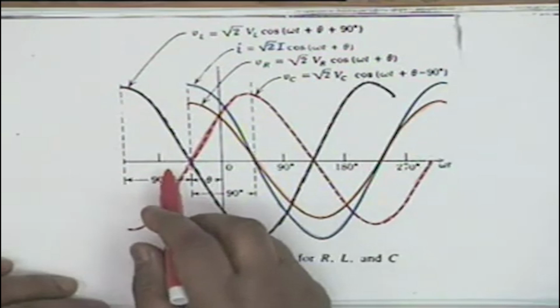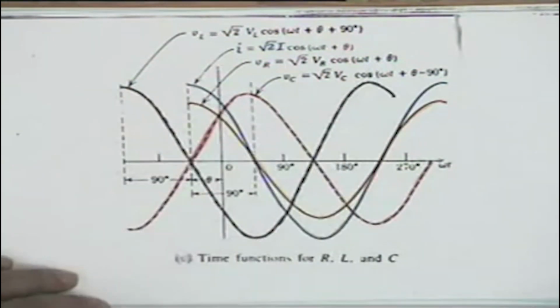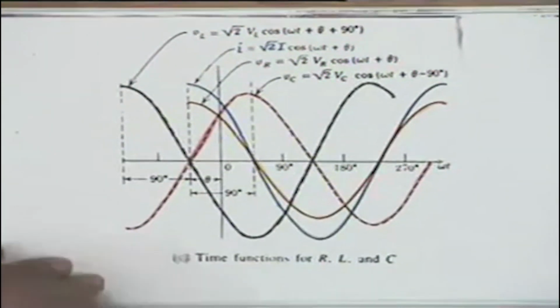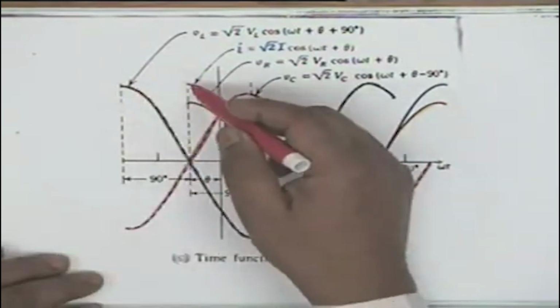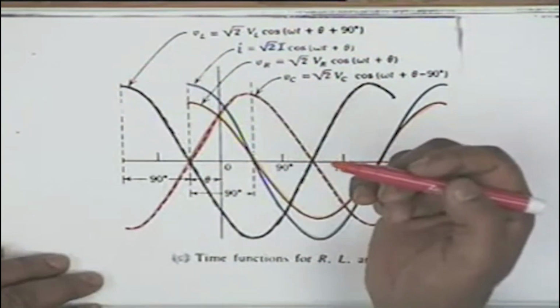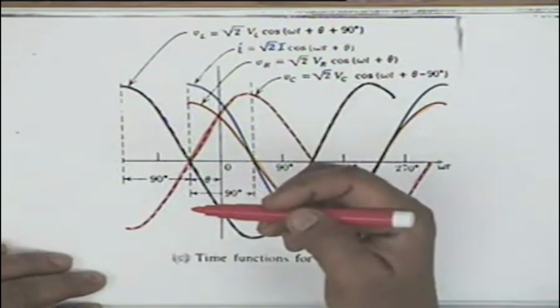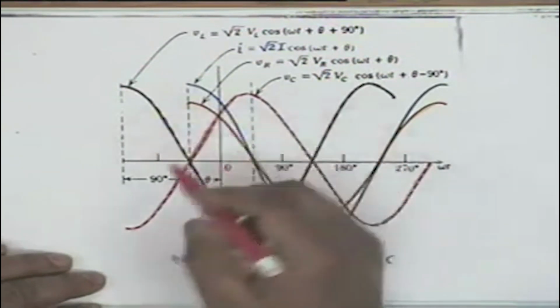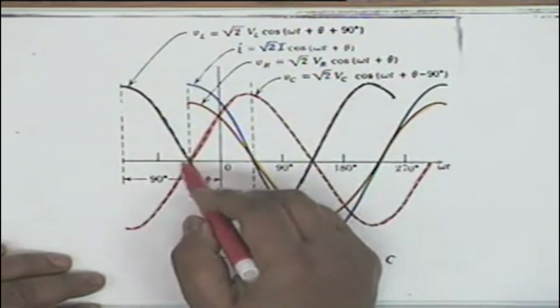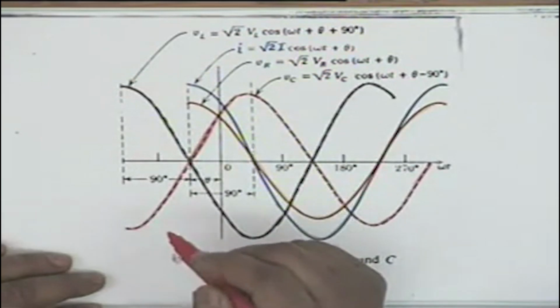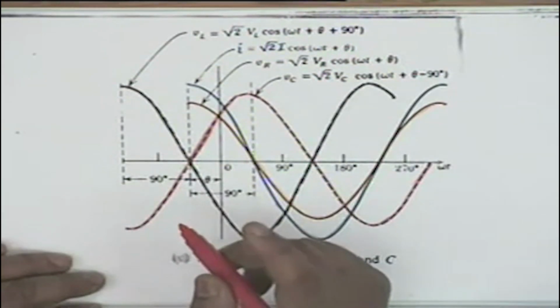The voltage reaches a maximum half a period, is it half or 1 quarter? 1 quarter period earlier, which corresponds to a voltage phase advance or phase lead by 90 degrees. So this is what it is.